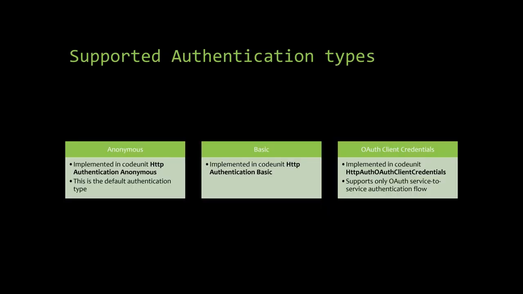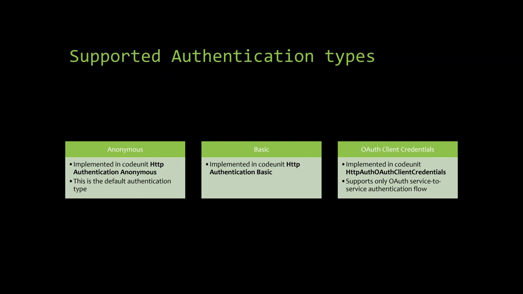Out of the box, there are already 3 authentication types. Anonymous, well, that's simple. You don't even have to specify it. It's the default authentication type. If you do not pass in an authentication code unit that implements that authentication interface, then it will fall back onto the anonymous one, and it's simply a code unit that returns false to the function is authentication required.